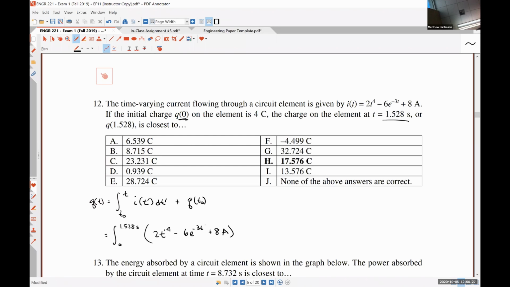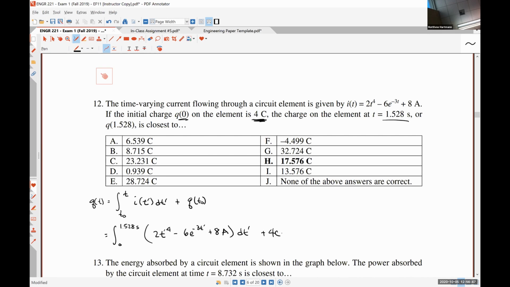And all these t's should technically be primed. Doesn't particularly matter. Plus 4 coulombs. It says the initial charge is 4 coulombs, which means the charge at t equal to 0 is 4 coulombs, so that's why I'm putting it here.